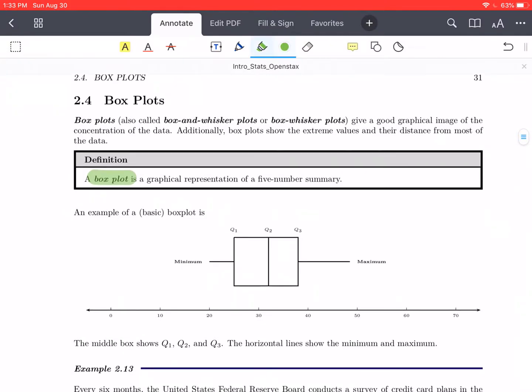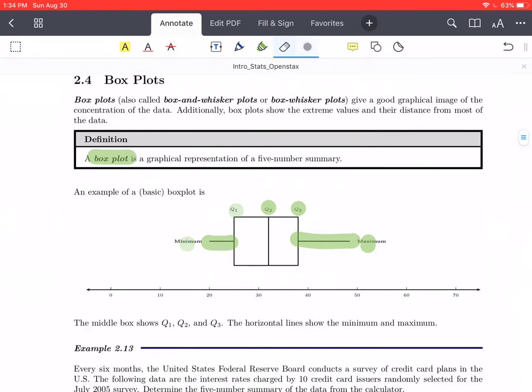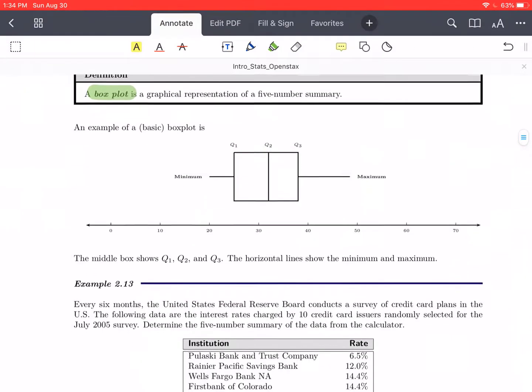The box plot highlights, using a box, where the first and third quartiles are. You draw a rectangle for those two. You draw a vertical line to represent the second quartile, or the median. And then from the edges of the box, you draw lines. These are called the whiskers. That's why it's called a box and whisker plot, to the minimum and to the maximum. So that's how we draw a box plot. And we can also represent outliers on this, and we'll see an example of that soon.